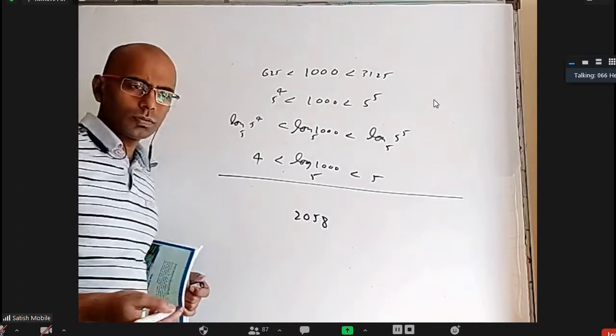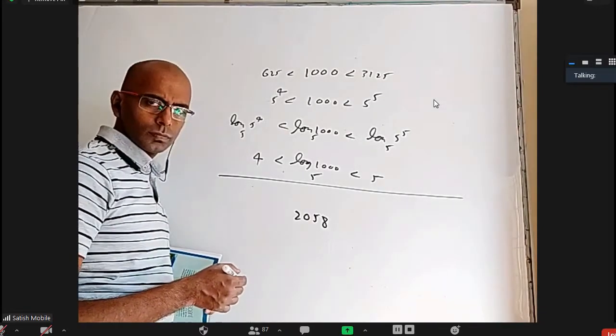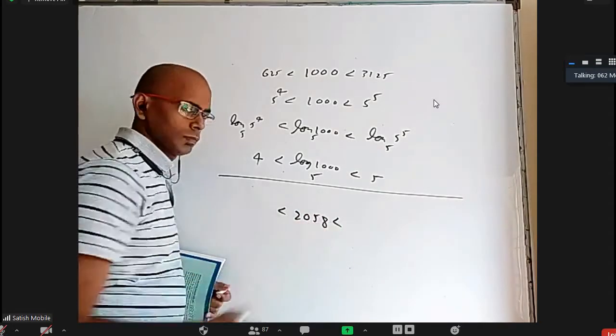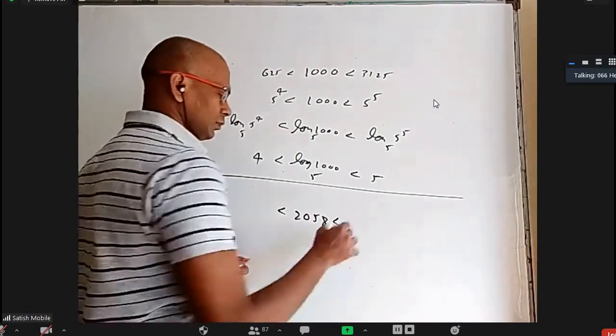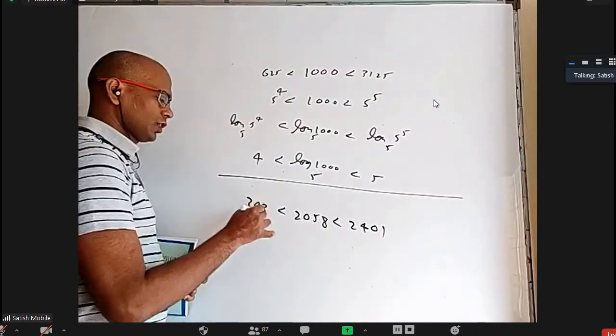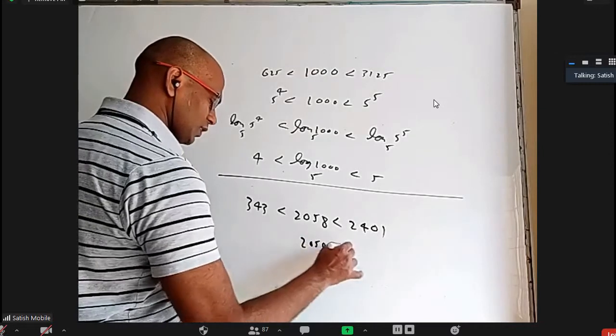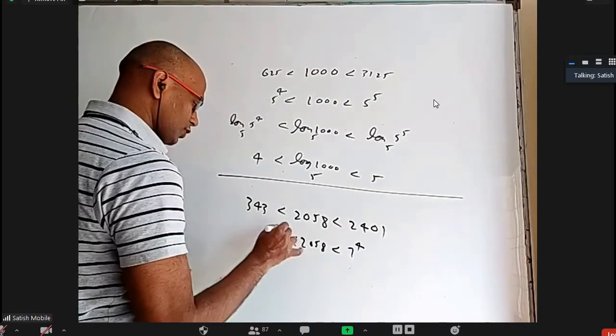Between 3 and 4, sir. 3 and 4. What is 49 into 49? 2401. Okay, 343 to 2401. So 2058 is between 7 cube and 7 power 4.